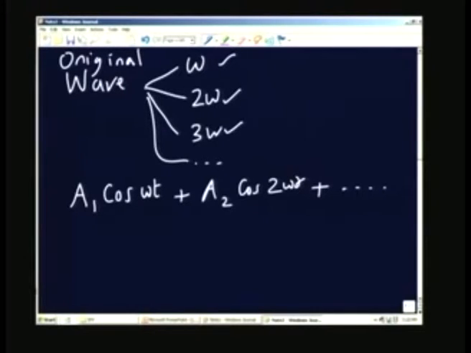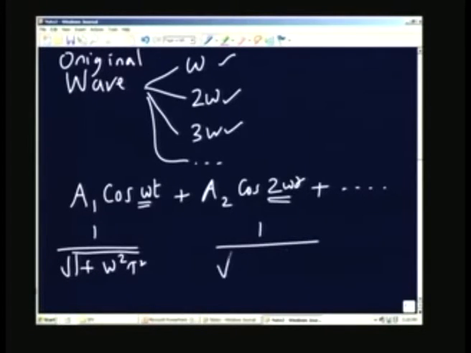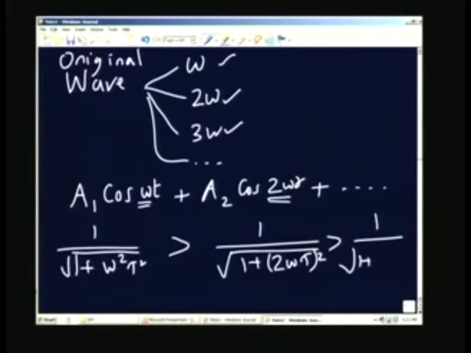We want to just look at how the solution is going to be. The first component is at omega, the second one is at 2 omega, and if you remember, the amplitude reduction factor for this will be 1 over the square root of 1 plus omega squared tau squared, and this will be 1 over the square root of 1 plus 2 omega tau whole square. That means that this is greater than this, and this will be greater than the third term, which is 1 over the square root of 1 plus 3 omega tau whole square, and so on.